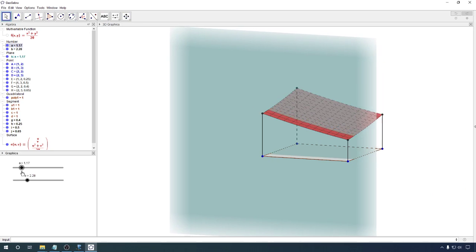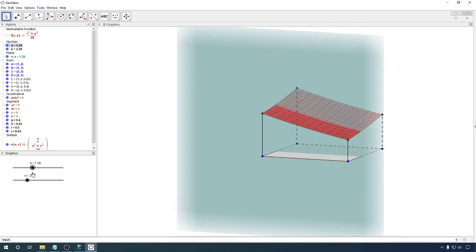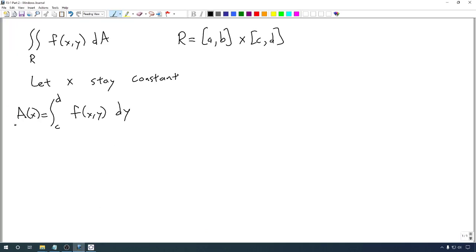And as we move the slider, we're going to get different cross-sectional areas for each value of x that we were to plug into this function A. And that's why we're using the letter A for that. It's the area of the cross-section for that particular value of x. If we want to find the volume of the solid, what we can essentially do is add up these areas.